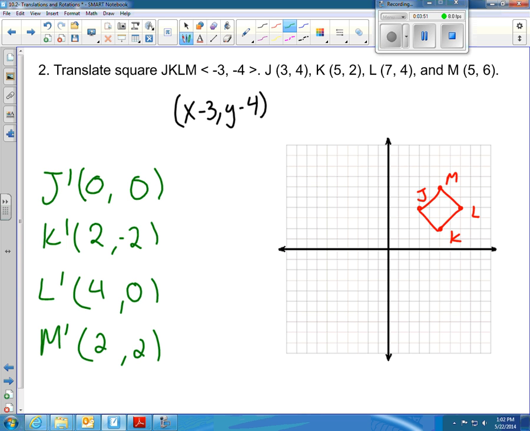So let's go ahead and graph those points. Again, we're labeling them prime, and we're using a different color. And we've just done 2 successful translations.